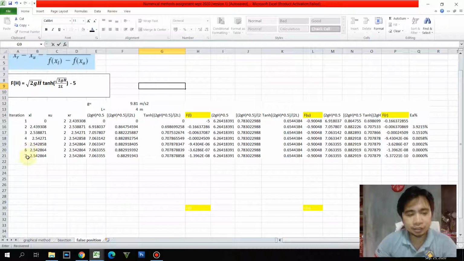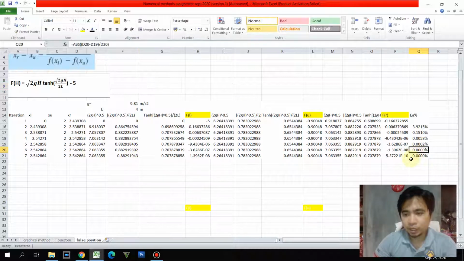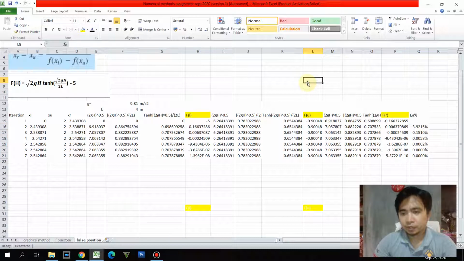Iterations 6 and 7 have consistent values, 2.542 and 2.542 for the xr. So this suggests that the value of the root is 2.542 at 0% error. So we cannot find here values for an estimated error of 1%.